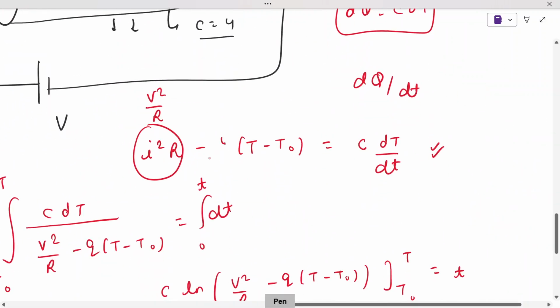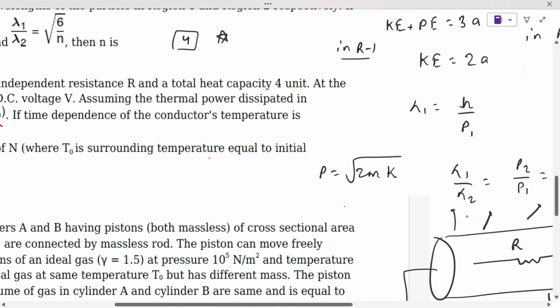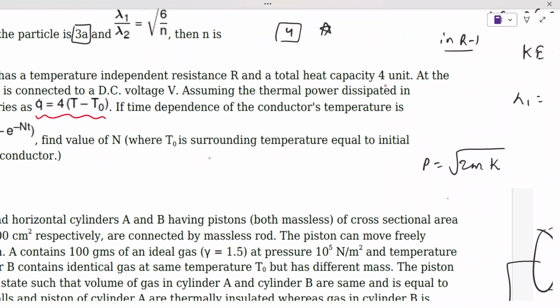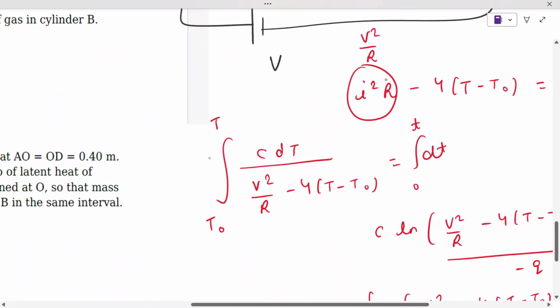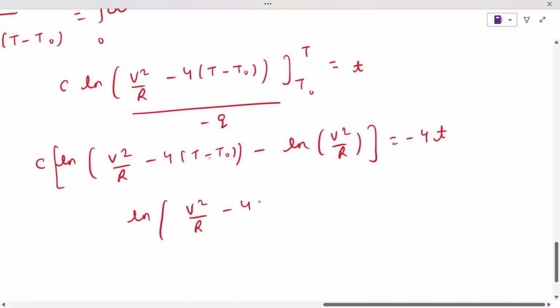Putting in the values, we have ln of (V square by R minus 4(T minus T naught)) upon V square by R equal to minus t.